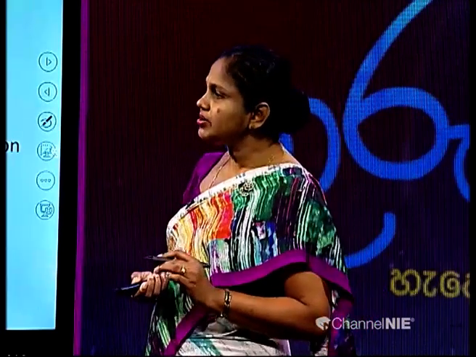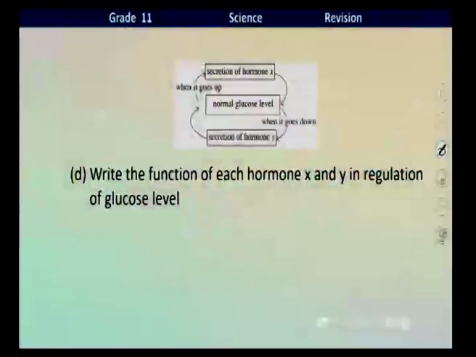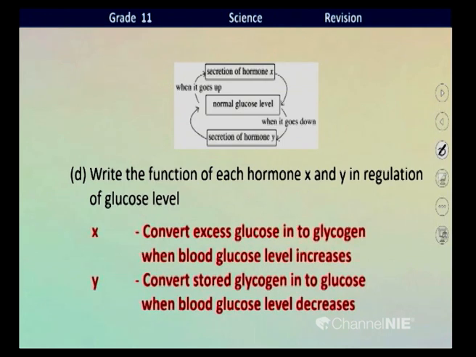Move to the next question. Write the function of each hormone X and Y in regulation of blood glucose level, children. As I told you, X is insulin. X converts excess glucose into glycogen when the blood glucose level increases above the normal level. Y is glucagon.